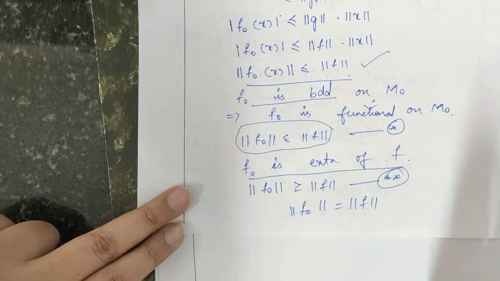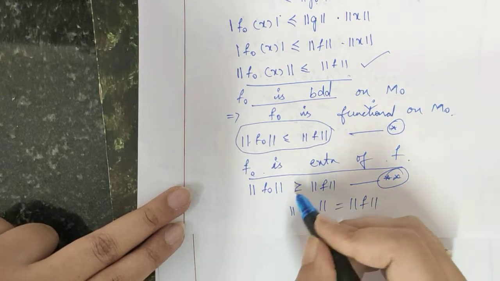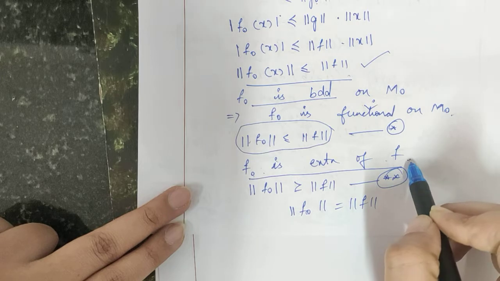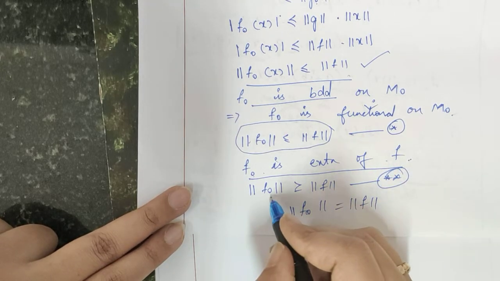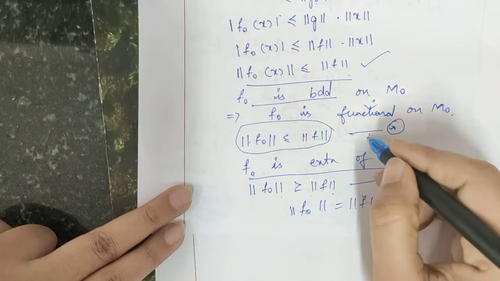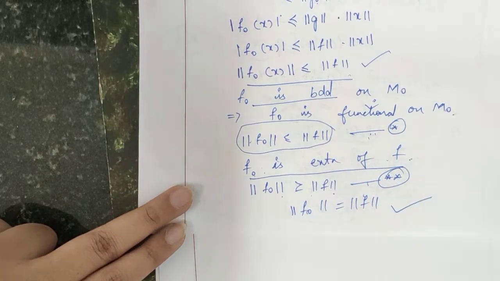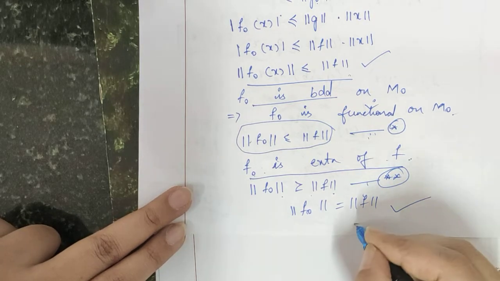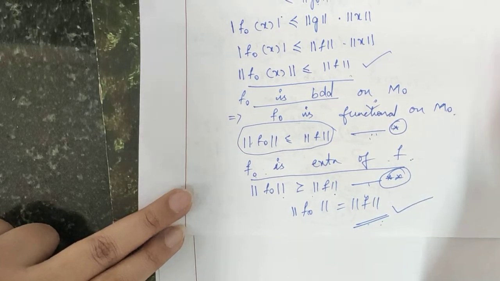It is already proved, so you need not prove that part again here. So norm f naught is greater than or equal to norm f. Using these two inequalities I can prove that norm f naught is equal to norm f. So this ends the proof of your lemma.